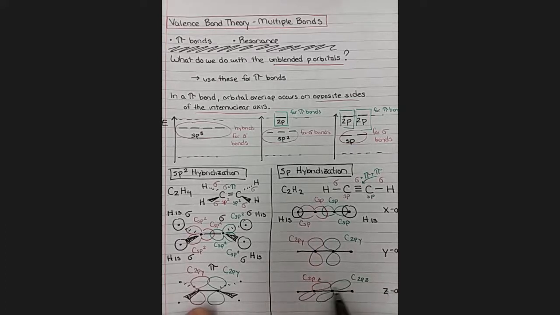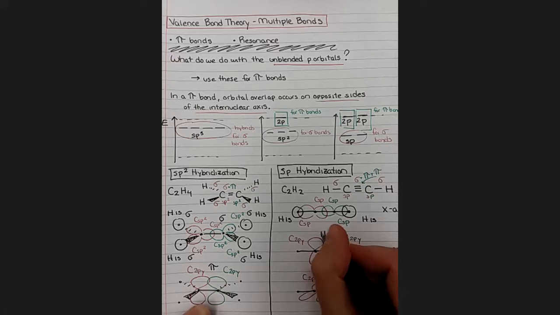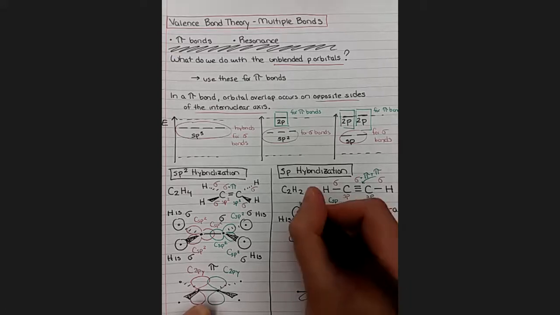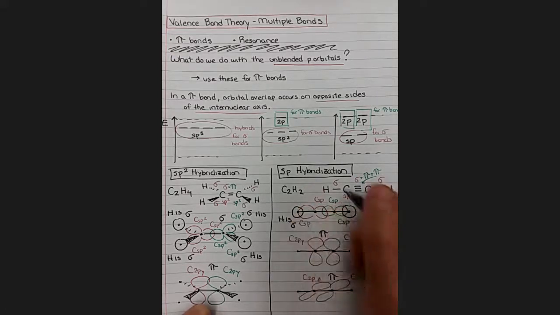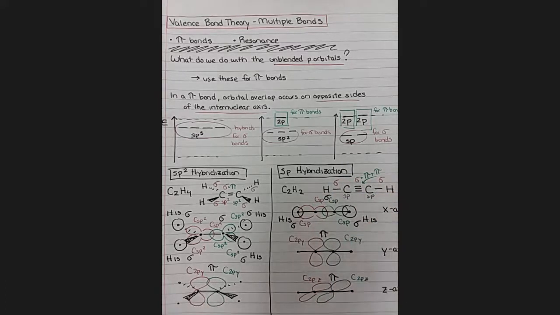So the overlap of these 2p orbitals on the same axis forms a pi bond. The overlap of the other two carbon p orbitals on the y-axis forms this pi bond. And then we have 1, 2, 3 sigma bonds. So 3 sigma bonds and 2 pi bonds here, 5 sigma bonds and 1 pi bond here.